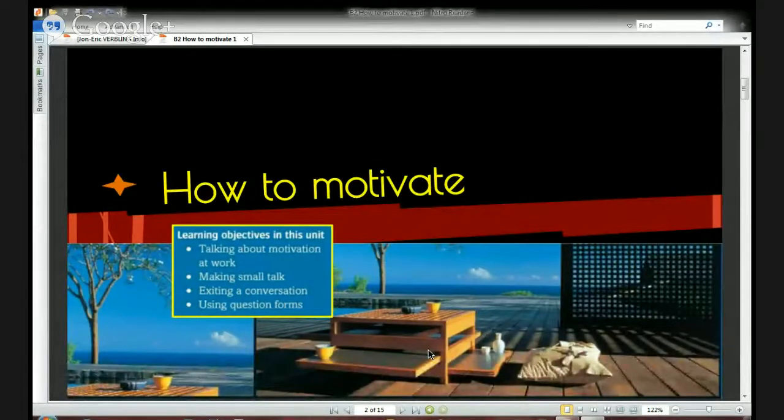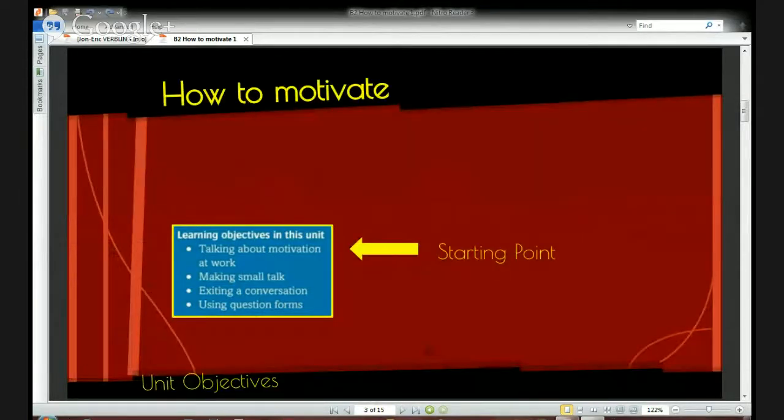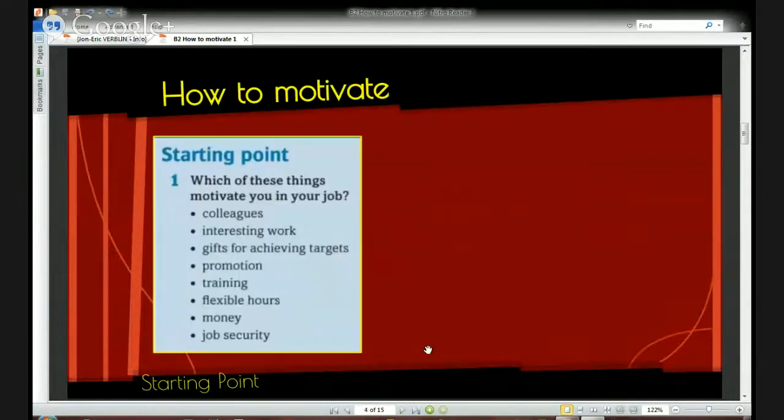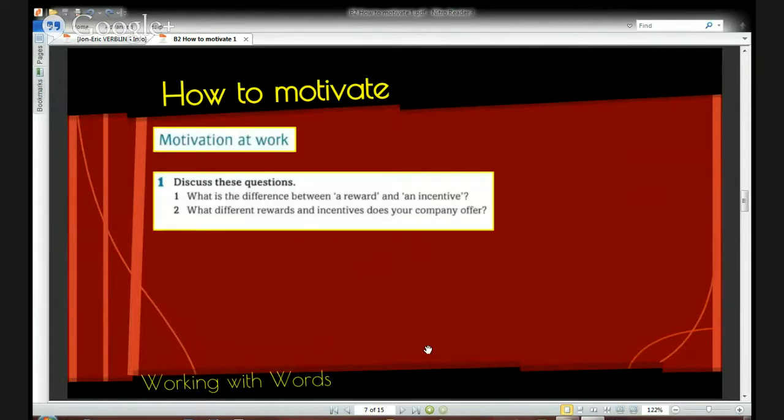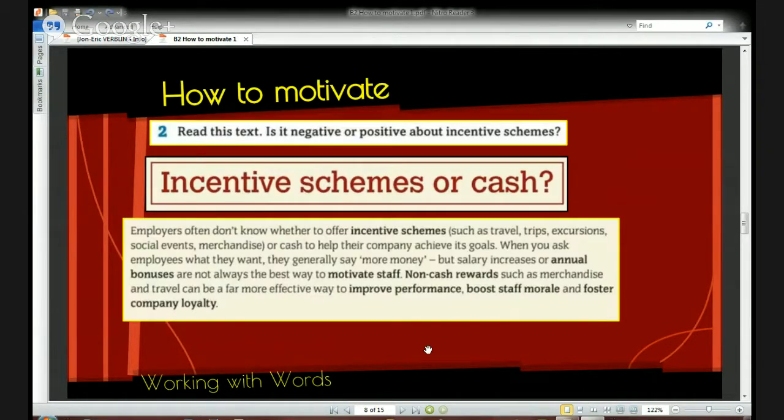Okay? All right, so we're going to get started here. We've already done a set of vocabulary. Last week we did the starting point. We had a little discussion about things that motivate us. We started with the working with words section. We read a short text with some very good vocabulary like incentive schemes, bonuses, non-cash rewards, boosting morale, fostering loyalty.